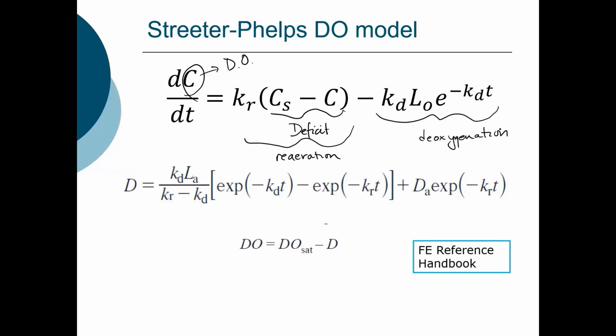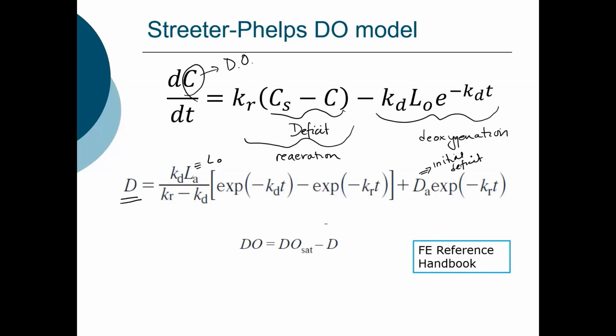And if we integrate this expression from C naught to C and as a function of time, we can develop an equation for the deficit. So remember, again, this is the deficit. The equation is straight out of the FE reference handbook. This L sub A is L sub naught that I used before. So this is your initial BOD just after mixing, and this is the initial deficit.